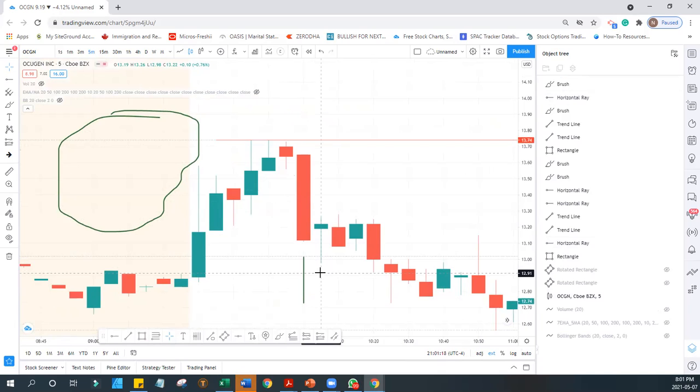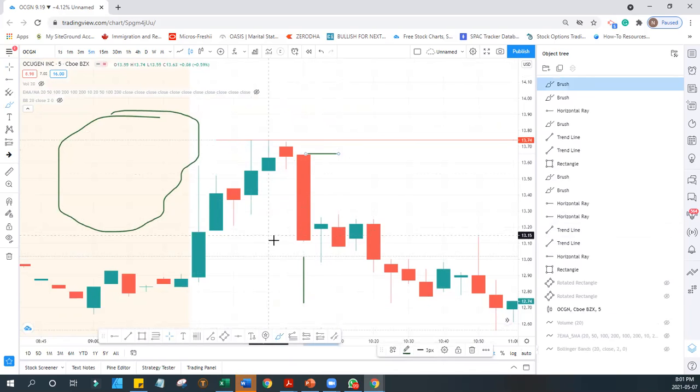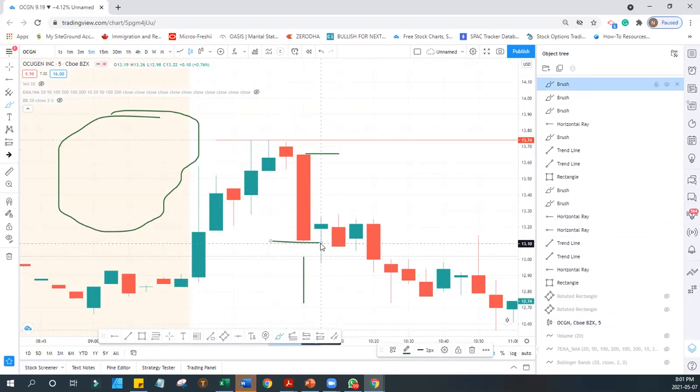Marabuzo is a very powerful candle because it's all about the bears. The price opened here and closed here, and there weren't any bulls at the time in that particular candle. It's very powerful on the bigger time frame, not that powerful on the smaller time frame.